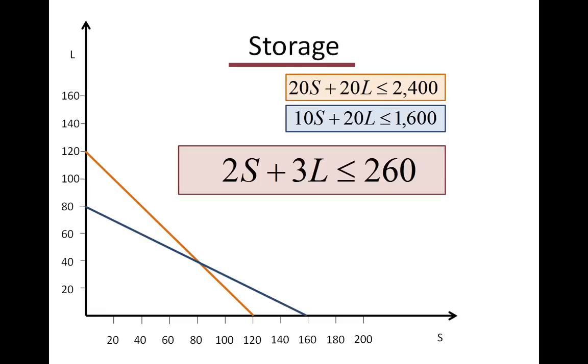Finally, the storage constraint. 2S plus 3L less than or equal to 260 means that we can at most produce 130 small vases and at most 87, or 86.66 to be exact, large vases. Again, joining these two extreme points by a line yields the storage constraint.